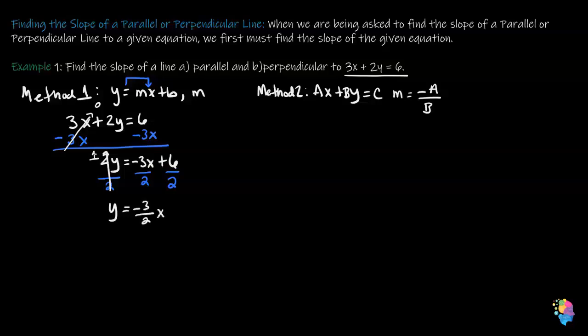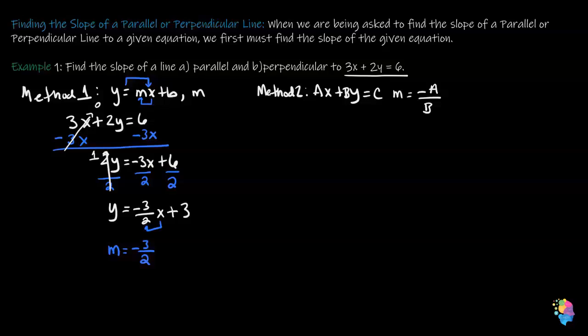Don't forget the x. However, 6 is able to divide by 2. 6 divided by 2 will be +3. Out of these two numbers, remember the slope is the coefficient of x, so then the slope of this equation will be -3 over 2.